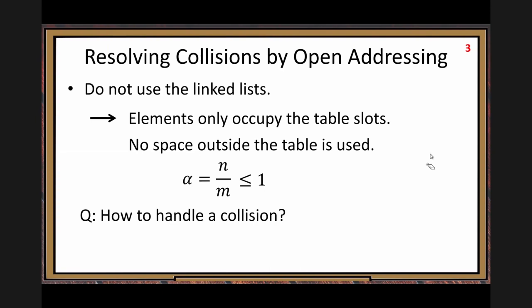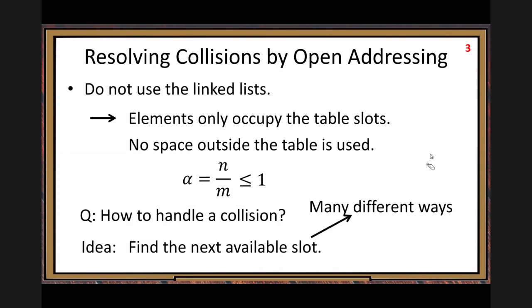When a collision occurs, we want some simple algorithm to find the next vacant slot, the next available slot in the hash table. There are many different ways. Here I only want to talk about the first way.